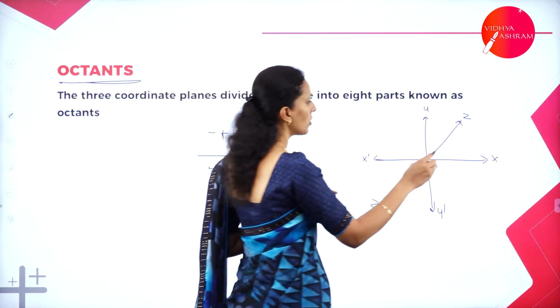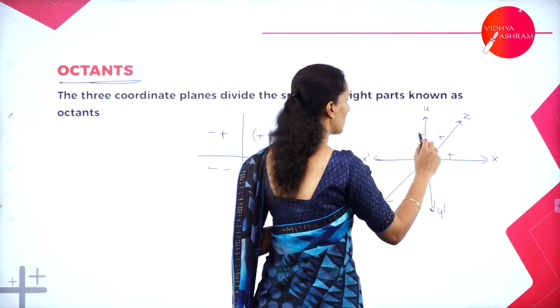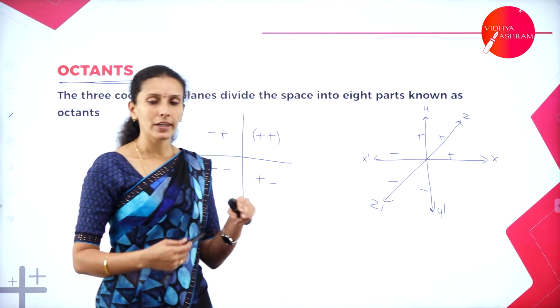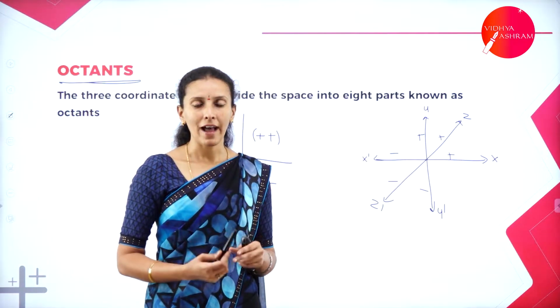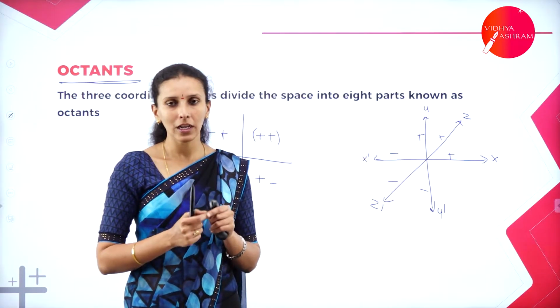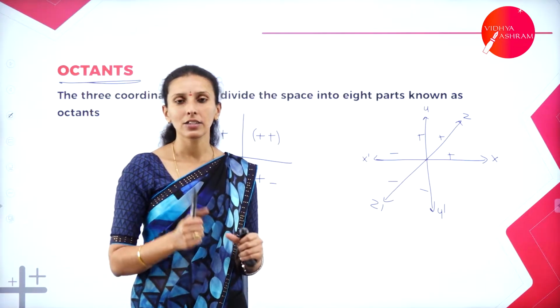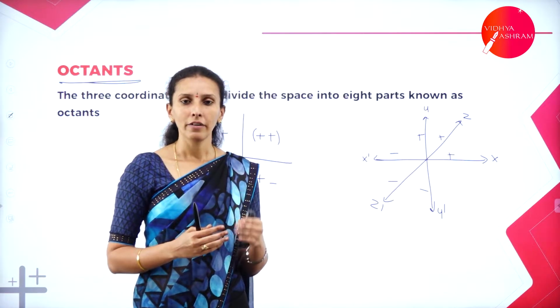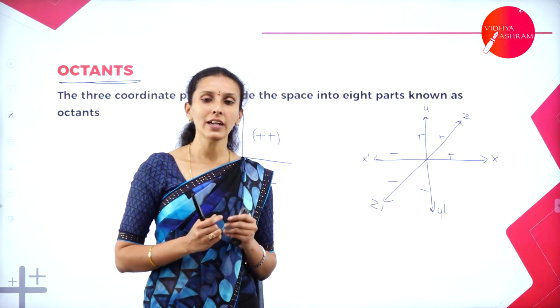So here also we will take plus, plus, plus, minus, minus, minus. Based on that, the octants also have positive and negative numerical values. Let's see how octants have values in terms of positive and negative.